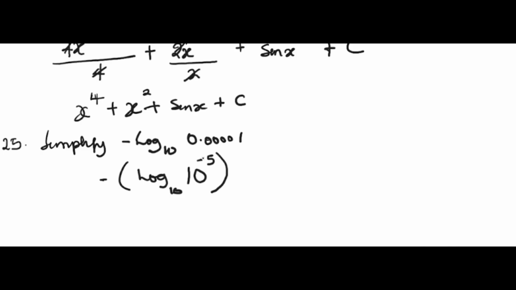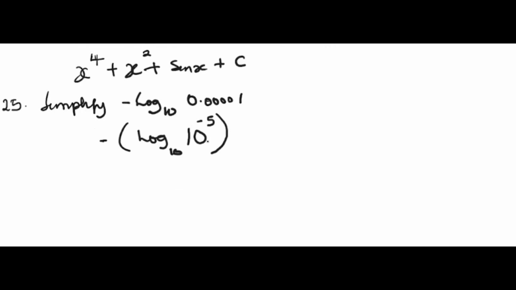The minus wouldn't have been there. Okay. All right. So we have any log in its base is 1, remember. So let's bring this one down here. So that we'll have minus 5 log 10 in base 10.